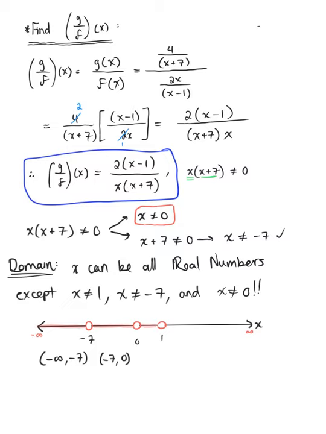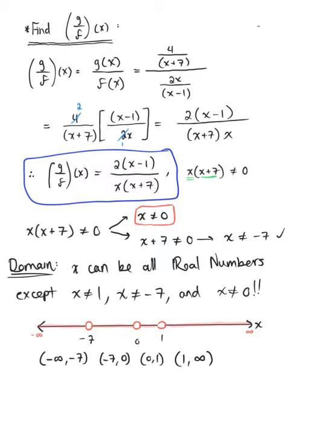So there's another interval from 0 to 1. And last but not least, x can be any real number greater than 1, all the way extending towards infinity. So infinity is not a real number. It represents the continuation of numbers. So that's why we use those open parentheses there.